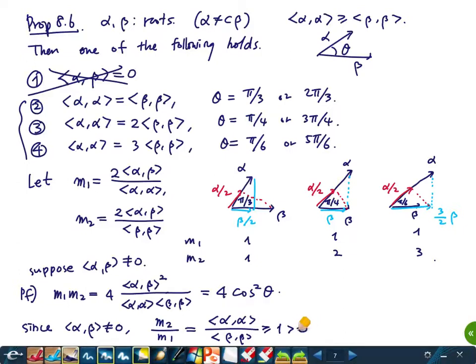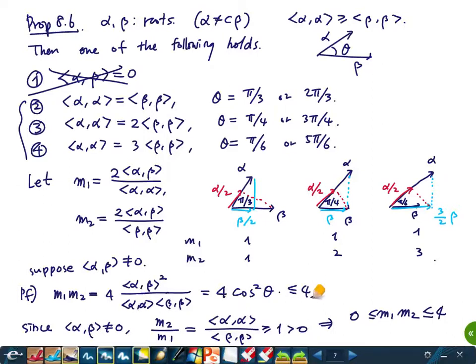So the product m1 m2 is always positive, which can also be seen here. And so m1 m2 is greater than 0 and less than or equal to 4, because cosine theta is at most 1.